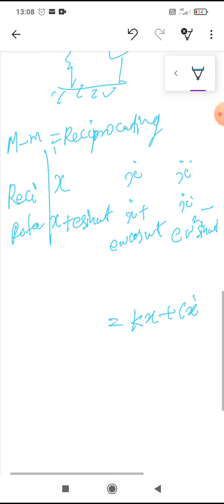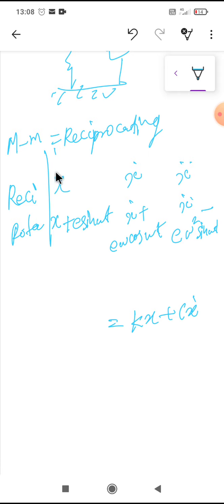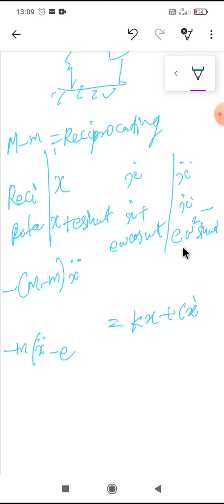So the reciprocating force will be minus (M minus m) into x double dot, and the rotating force will be minus m into x double dot minus e omega square sine omega t.